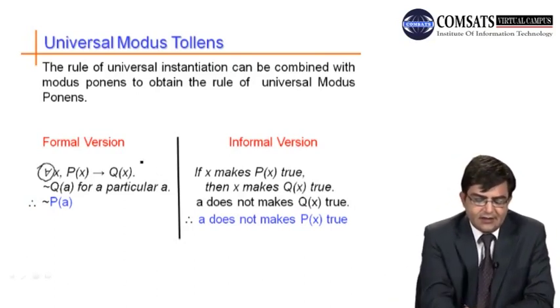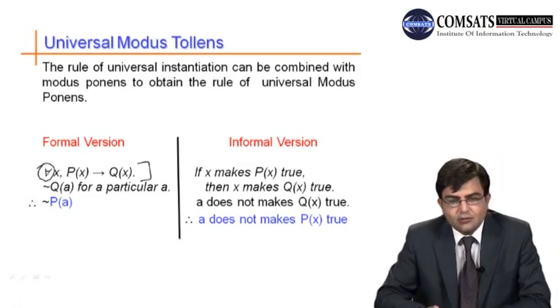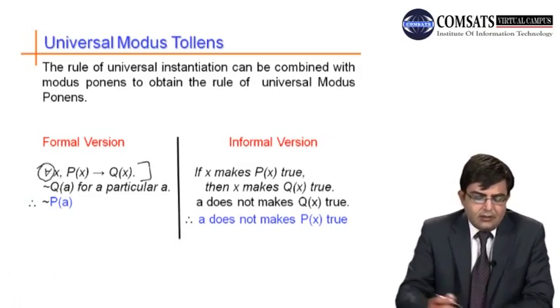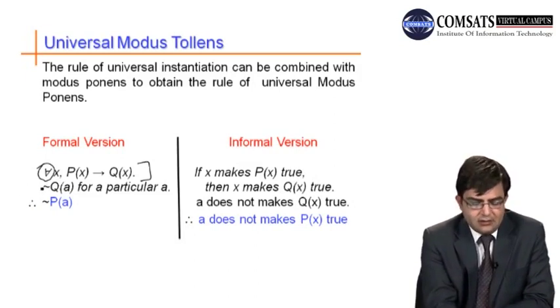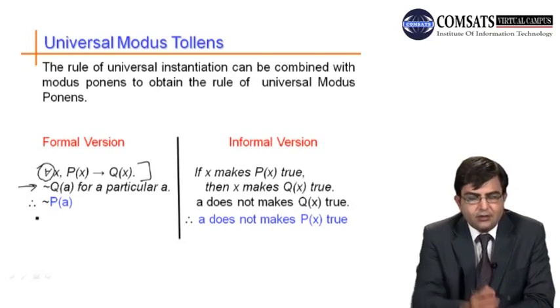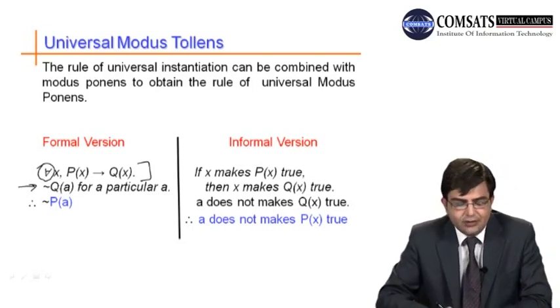The first statement is the same as in universal modus ponens. Here we take, if q of a is false, you can say not q of a is true, then not p of a will also be true for any particular value of x.